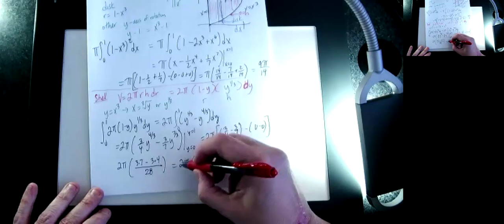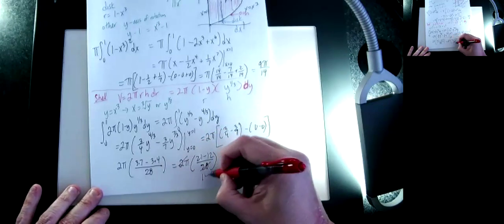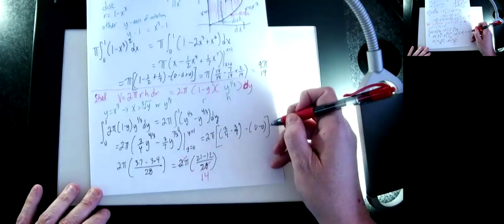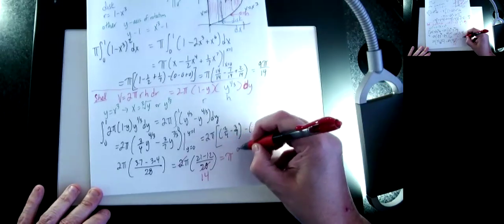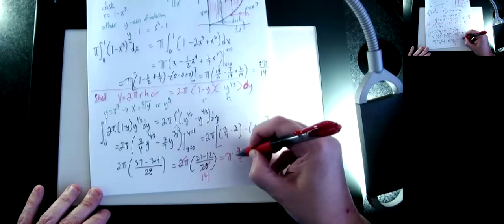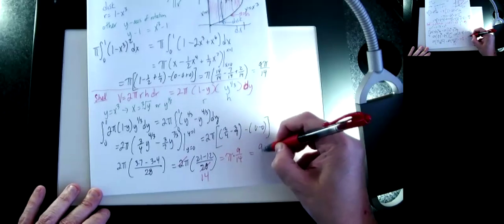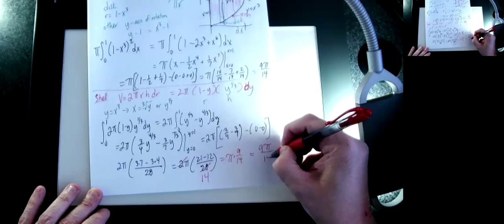I'm going to use this 2 to simplify this down to 14. And I'm left with pi times 9 over 14, or 9 pi over 14, which is what we had up here.